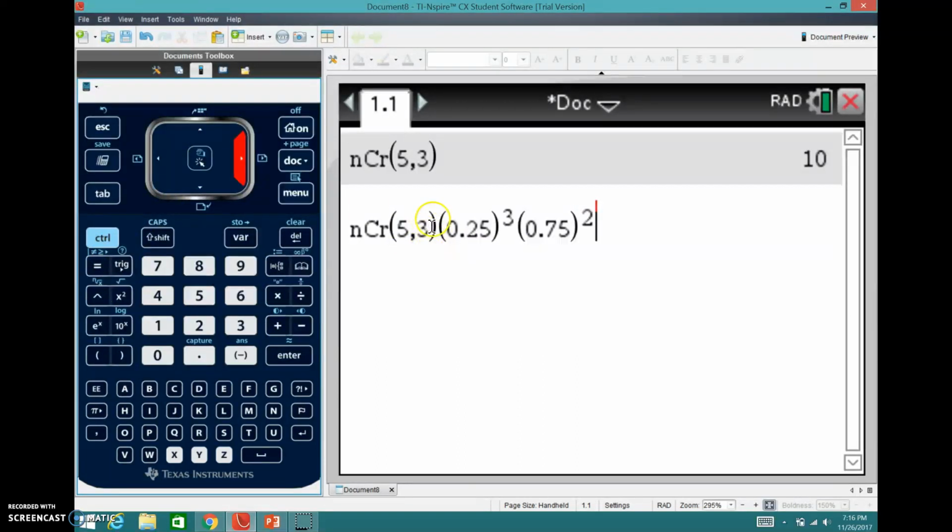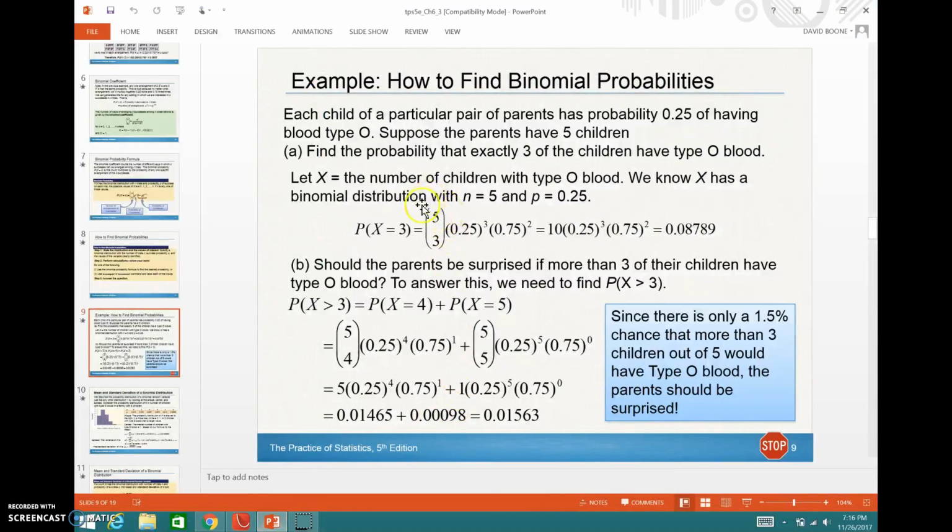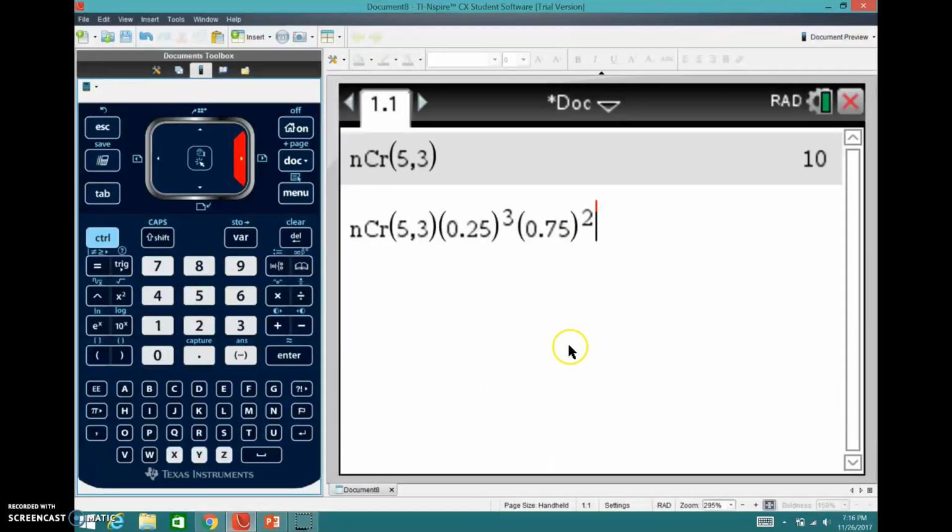So this represents that whole first part right here. We should get this answer of 0.08789 when we press enter.